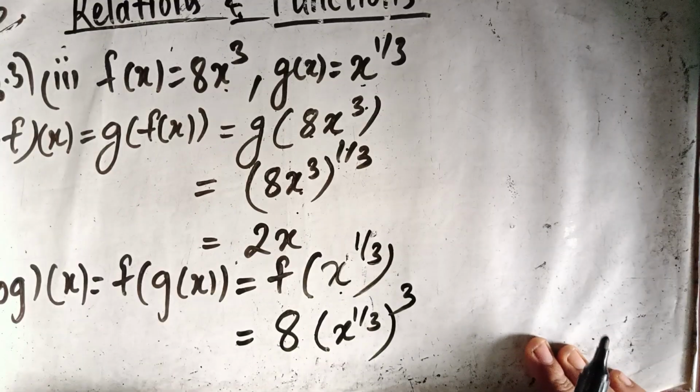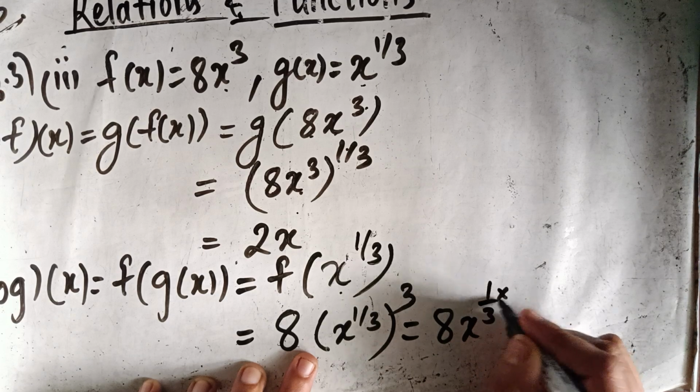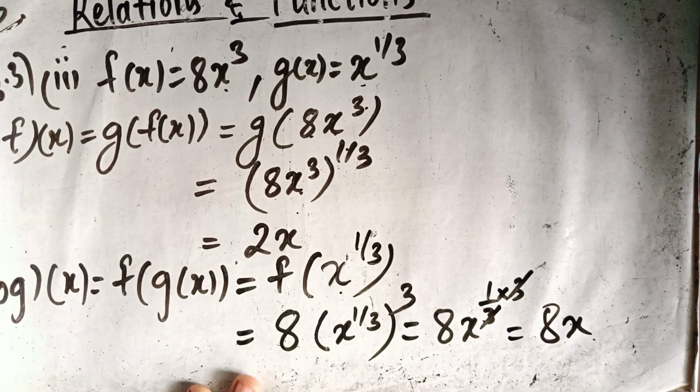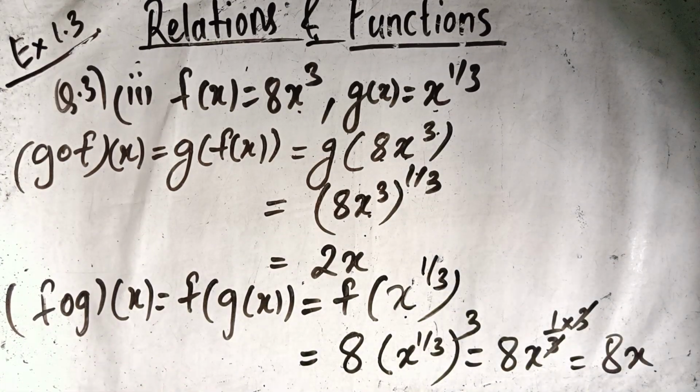Okay, so using the laws of exponents, this is x raised to 1 by 3 into 3. So the answer is 8x. So these are totally different. These are not the same.